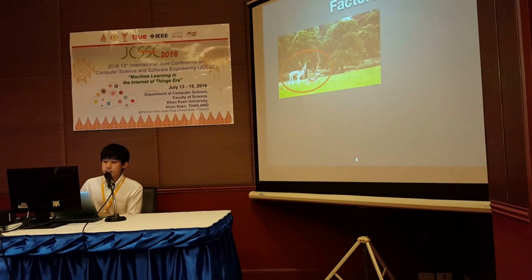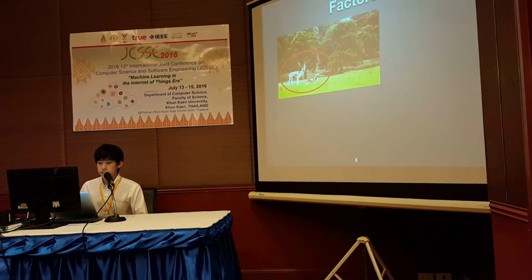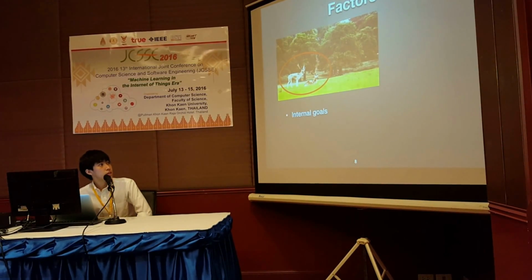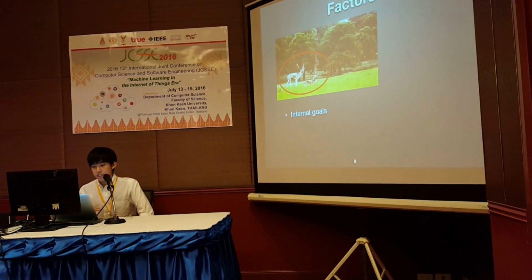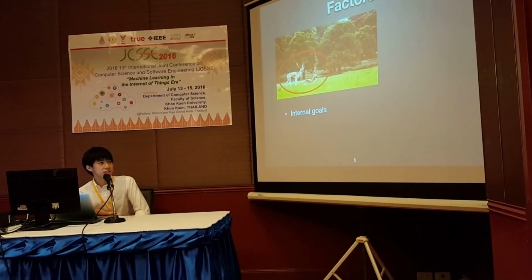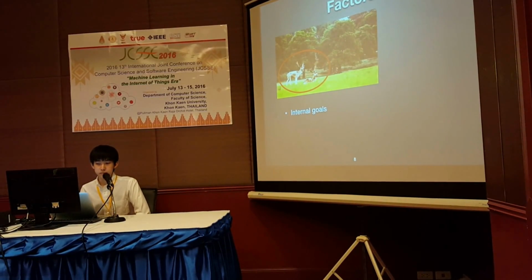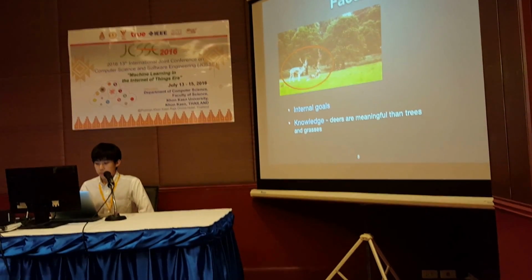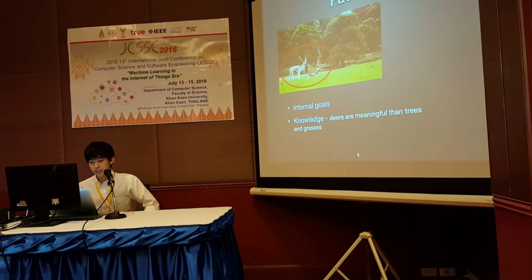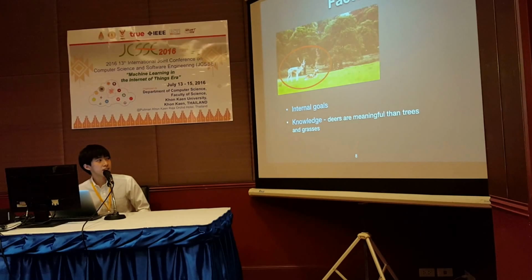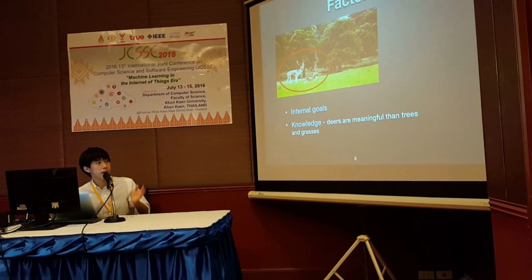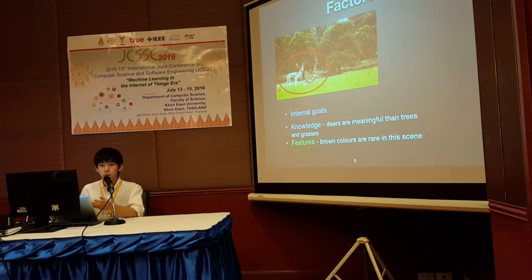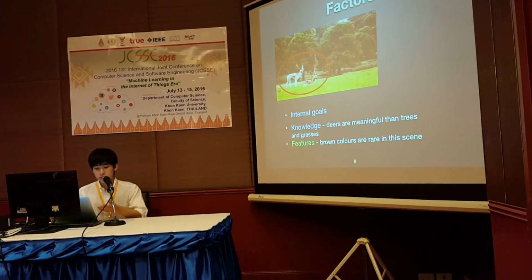How our brain does that is not very straightforward. Some factors that determine visual saliency are internal goals. Some people personally like deer, so they just like to look at them. The second one is knowledge. Maybe deer are more meaningful than trees and grasses, which we consider as background. And the third one, which our model focuses on, is features.